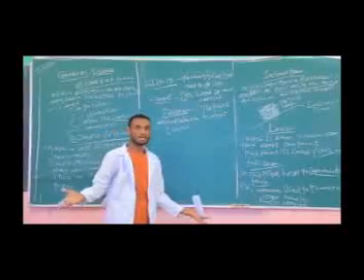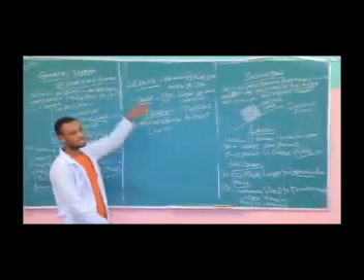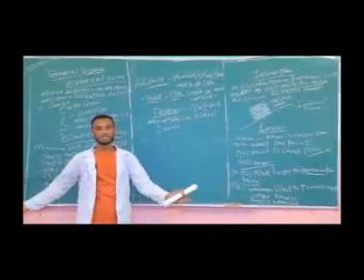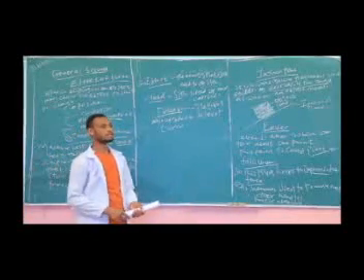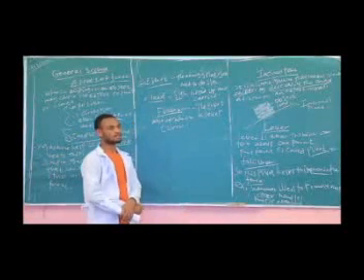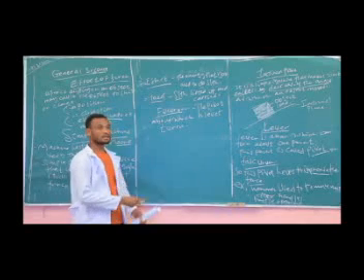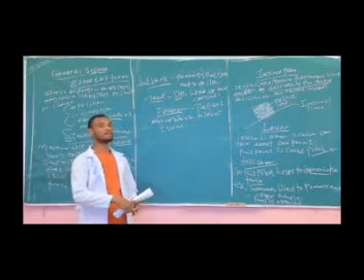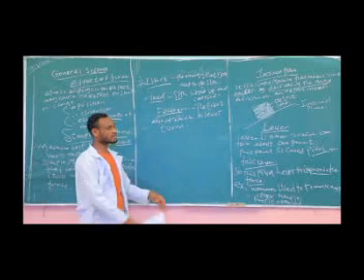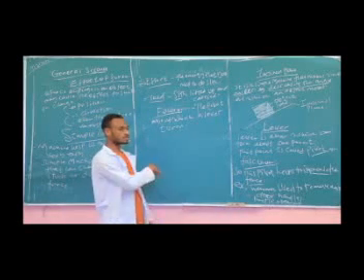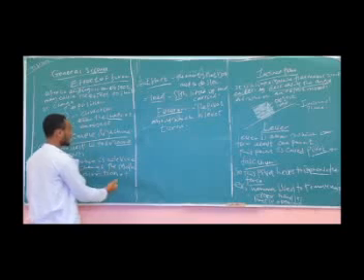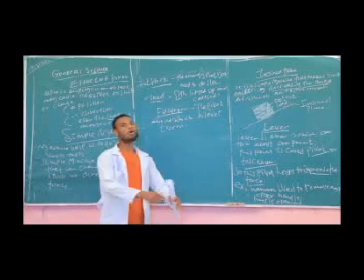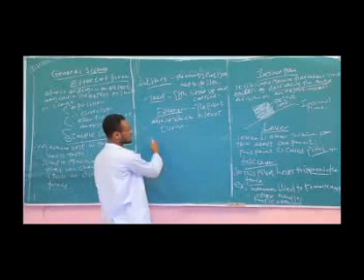For example, the pulley can change the direction of a force. The bicycle can change the speed of an object. So the first one is the inclined plane, the second one is the lever, then the wheel and axle, and the pulley. These are all grouped under simple machines.